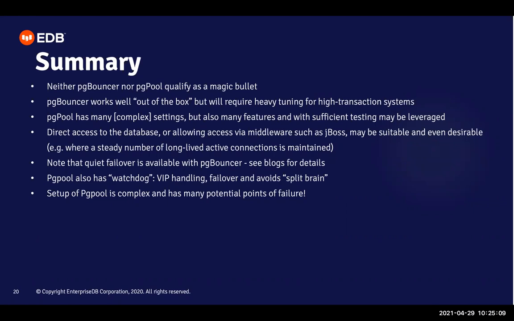Direct access to database or allowing access via a middleware such as JBoss may be suitable for some of the applications. So if that option is available, use that. And quiet failover is possible with PG Bouncer. And there is a blog available where one of our EDB employees has tested how you can quietly failover using PG Bouncer.